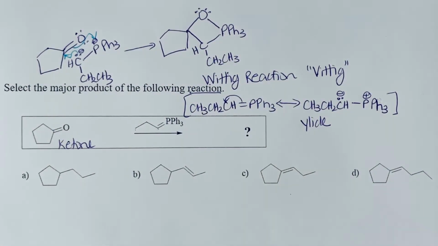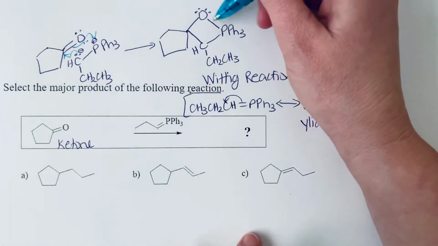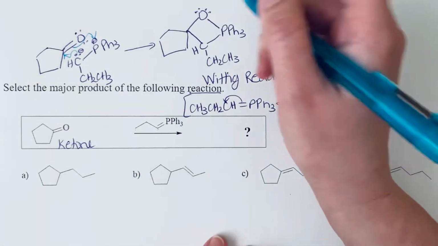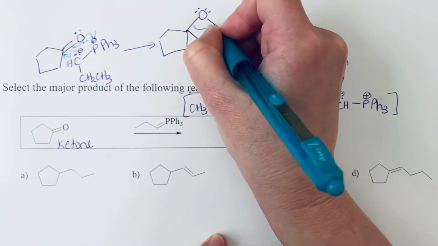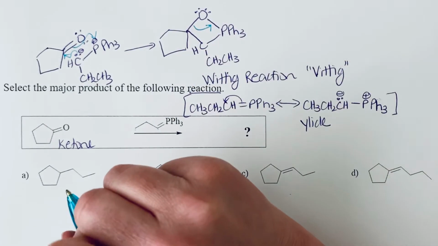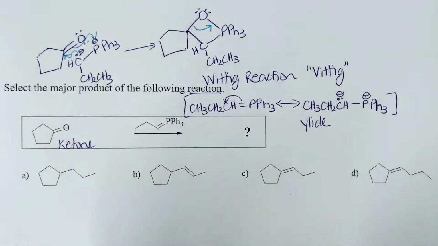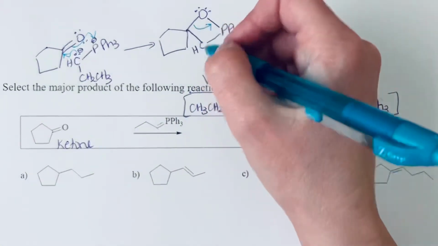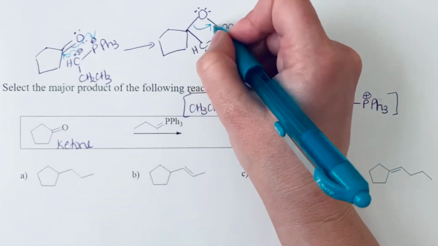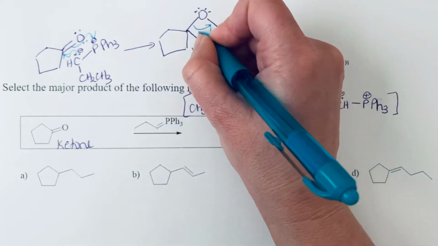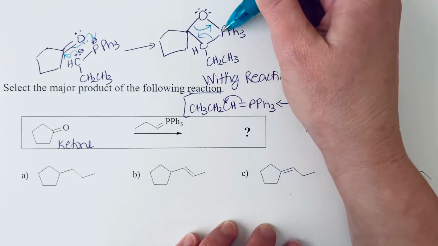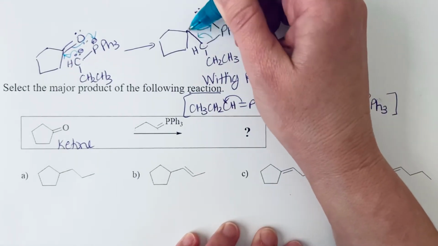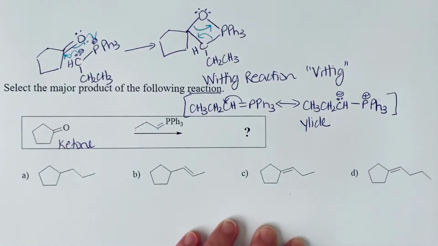And the driving force for this collapsing is forming a phosphorus-oxygen double bond. So I like to draw my arrow first to form the phosphorus-oxygen double bond. In these reactions, your electrons are basically going in a circle, so it actually does not matter which direction you draw your arrows, as long as you are forming a phosphorus-oxygen double bond and a carbon-carbon double bond, because that's going to be the products.